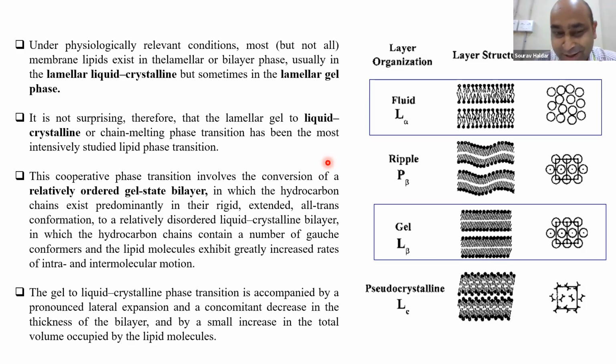Either you can take out cholesterol by methyl beta cyclodextrin, that's the acute way of changing lipid composition, or you can treat with some inhibitors of cholesterol synthesis, which is a more chronic way of doing it. In both cases, you will see that the phase of the membrane will be different, right?